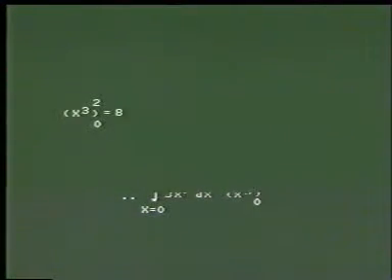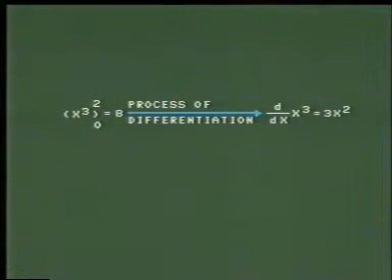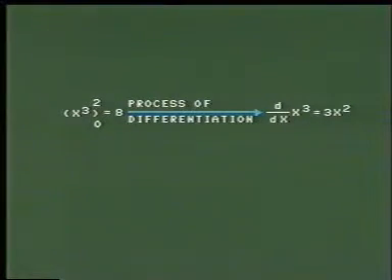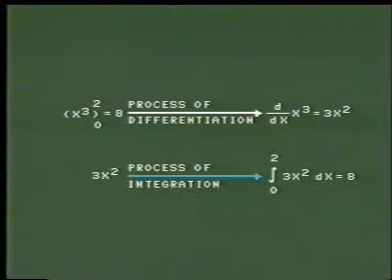This total change can also be obtained by first differentiating x cube and getting dy dx of x cube, which is equal to 3x square, and then secondly integrating 3x square, getting integral of 3x square dx, x varies from 0 to 2. Thus, the change in the value of x cube as x varies from 0 to 2 is equal to 8.